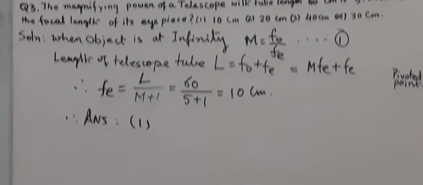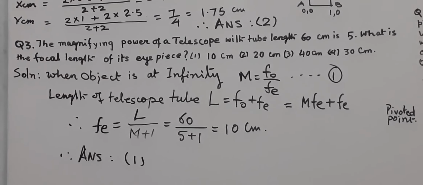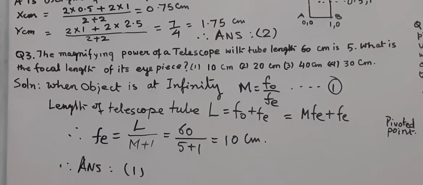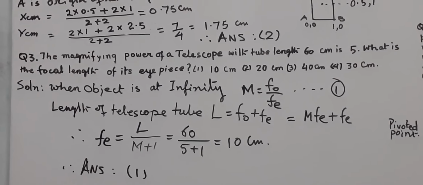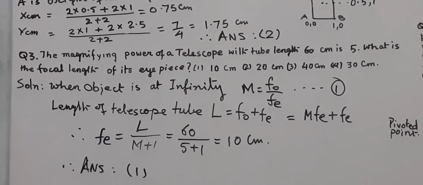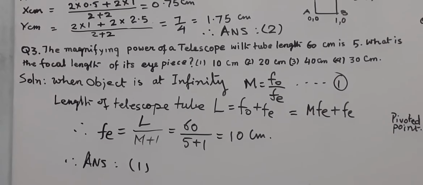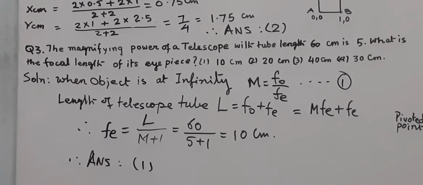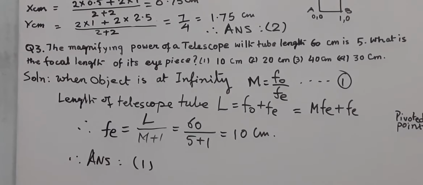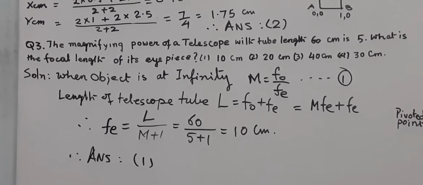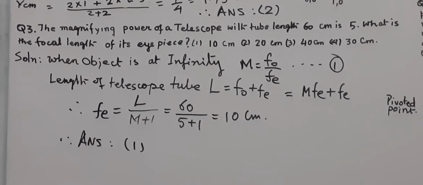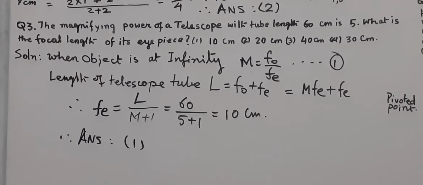Next question, question number 3. The magnifying power of a telescope with tube length 60 centimeter is 5. What is the focal length of its eyepiece? There are 4 choices. Now, here it is required that when the object is at infinity, magnification for the telescope is focal length of the objective divided by focal length of the eyepiece, and length of the telescope also L equal to focal length of the objective plus focal length of the eyepiece.